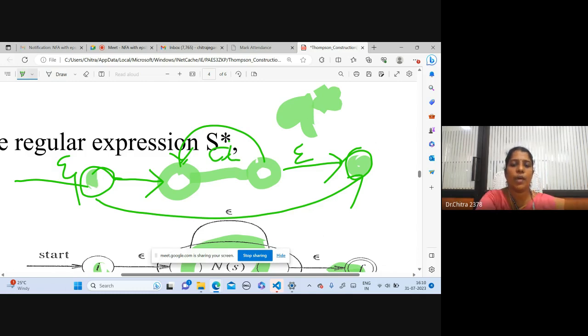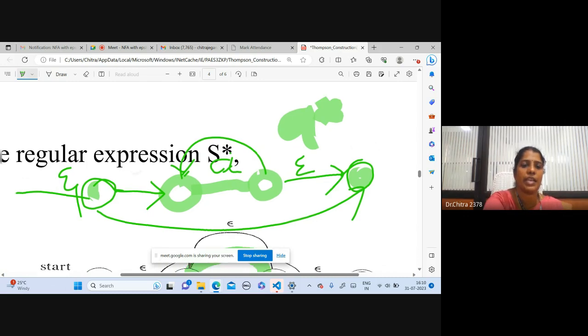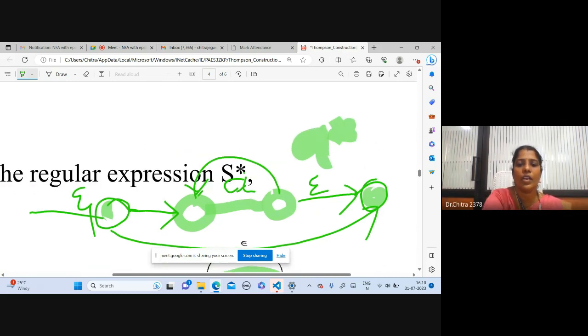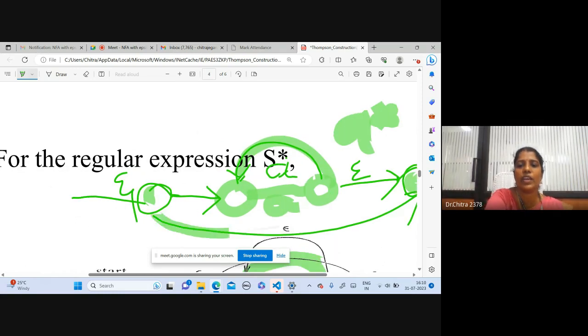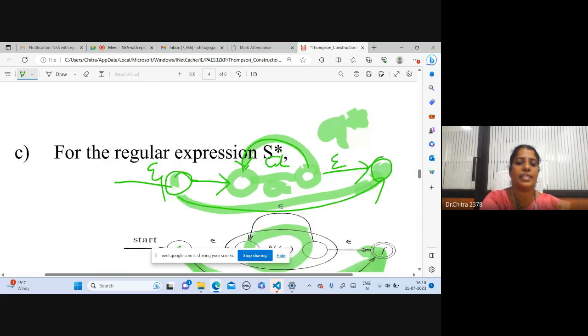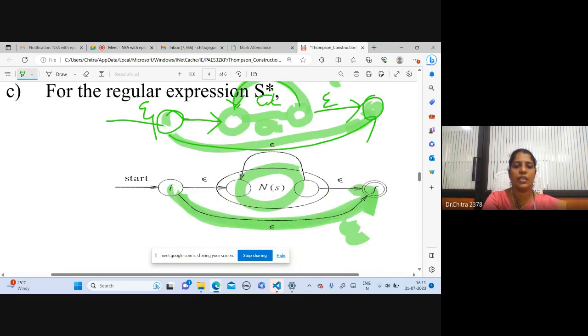So A star means either it may accept A through this one, or any number of A's by using this loop, and without A also it will process. These are the certain things used in A star. In the same way, instead of A, it may be a combination of AB or AB star, anything. For anything, you can draw this NFA.